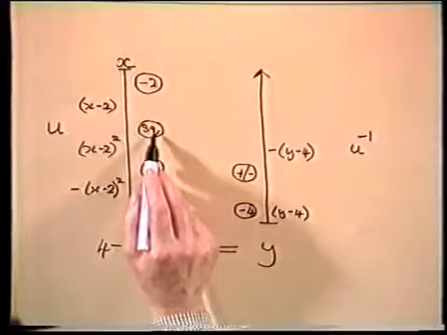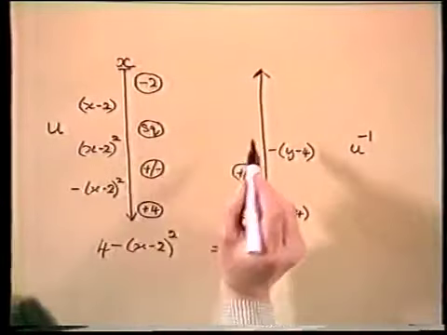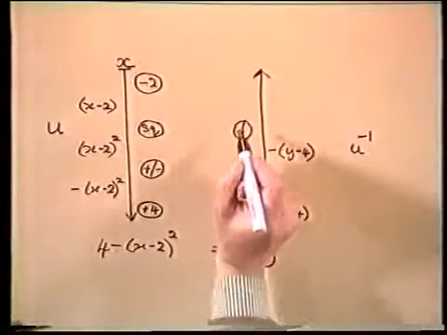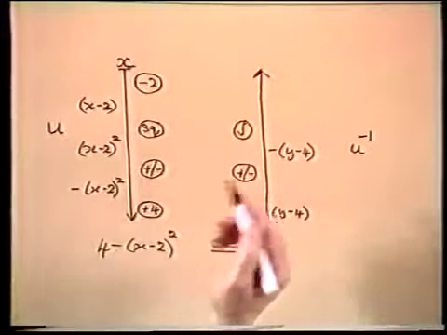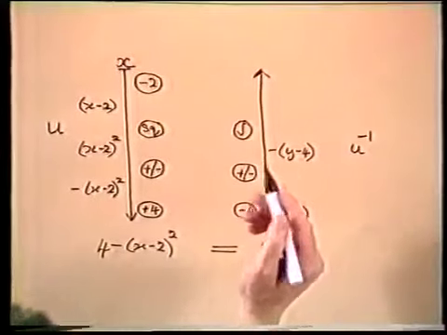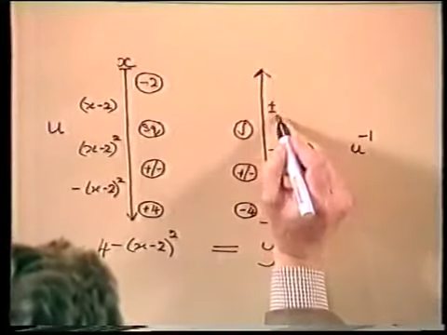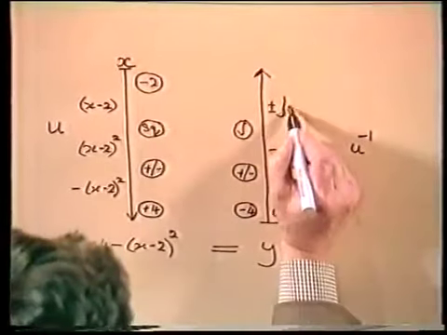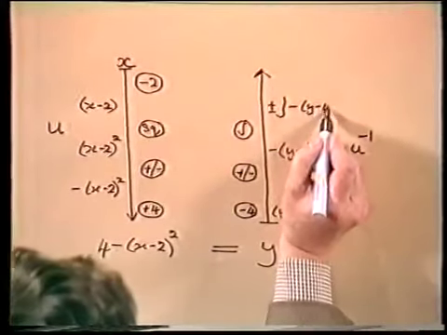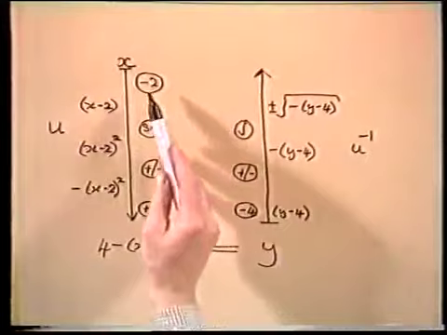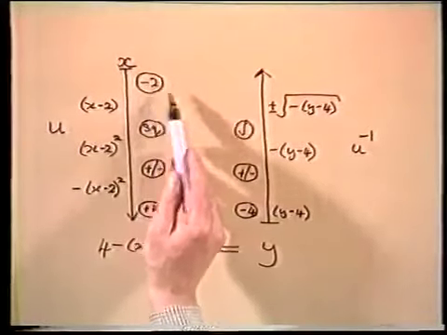Now we've got to reverse squaring. Well, the reverse of squaring is square rooting. There's a bit of a problem here, because if you take a square root, you get two possible answers. So let's worry about that one in a minute. At the moment, I'll just put down plus or minus the square root of minus y minus 4. And finally, we've got to reverse this step, subtracting 2.